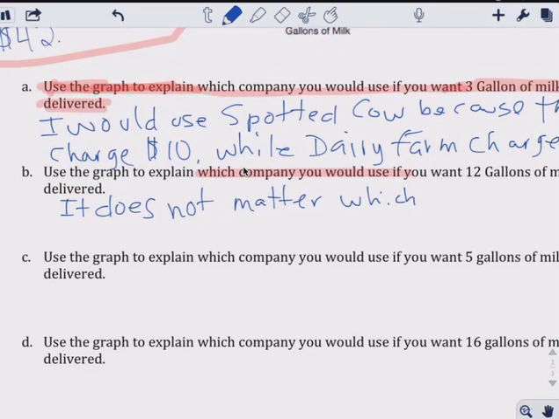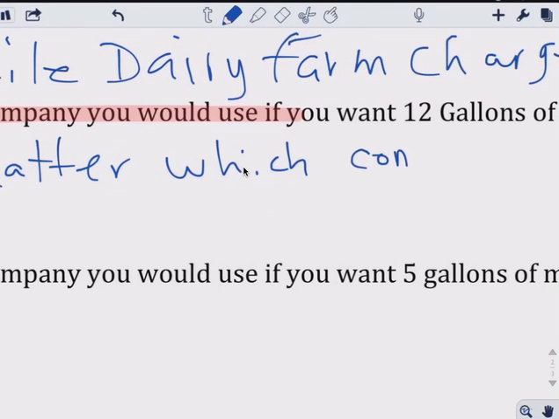Write this down. Stop it. It does not matter which company you use.